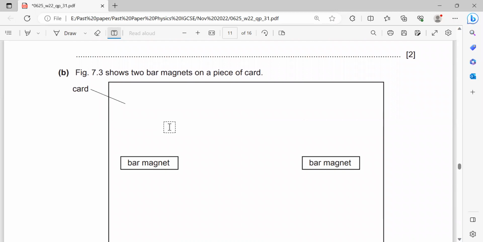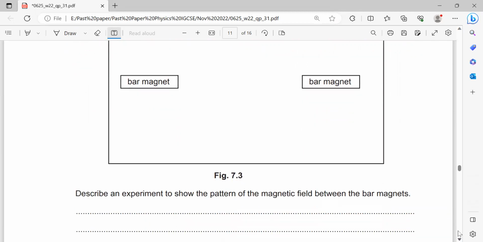The figure shows two bar magnets on a piece of card. Describe an experiment to show the pattern of the magnetic field between the bar magnets.